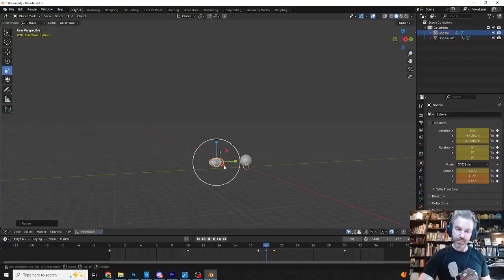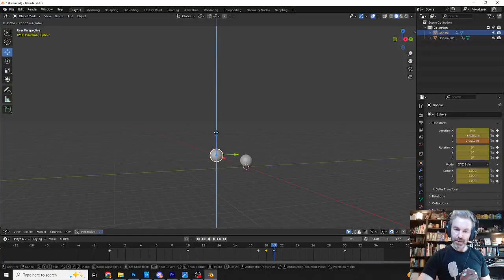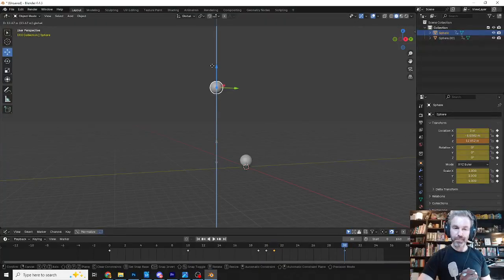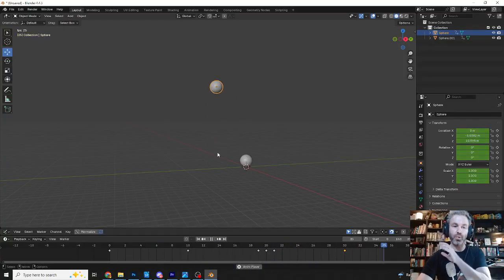One second. There we go. Let's key that. And this one should be up here. I forget that I don't have auto key. And this one will be up here. There we go. Let's hit play. Now we've added a squash to our ball.